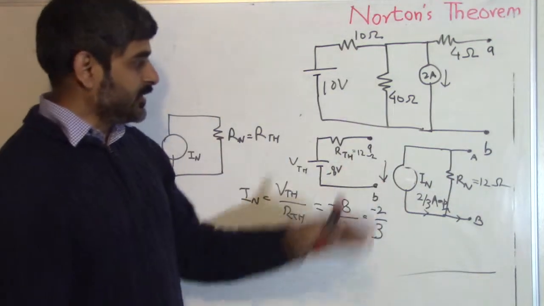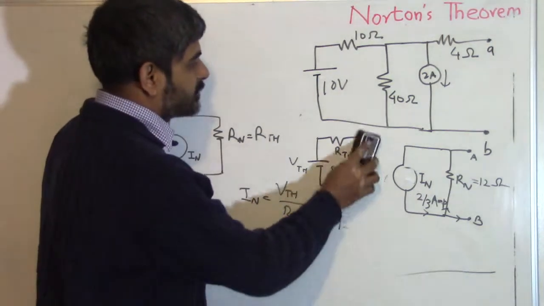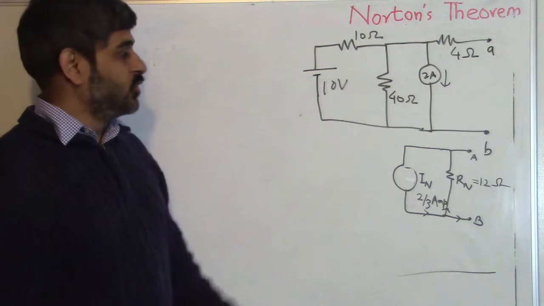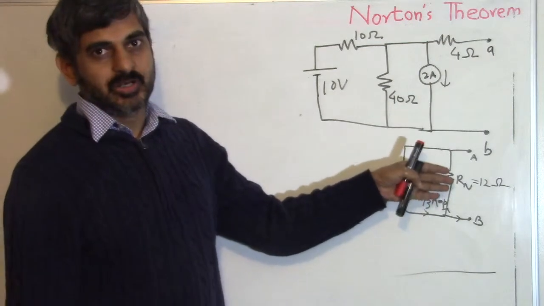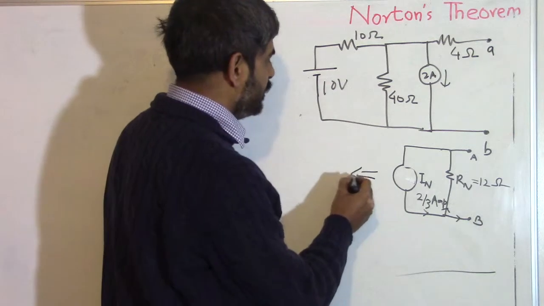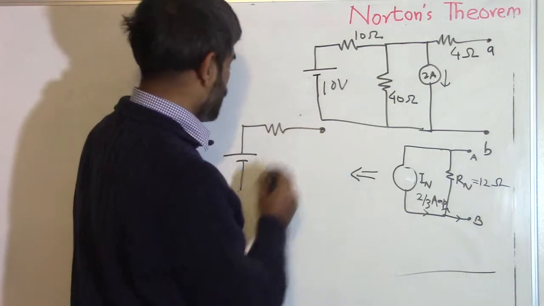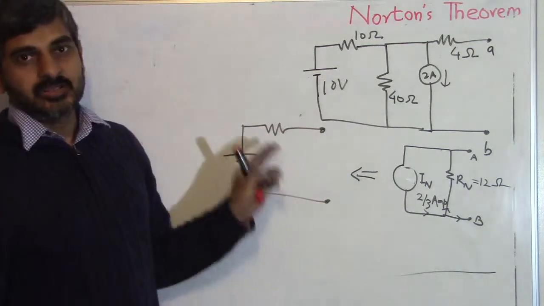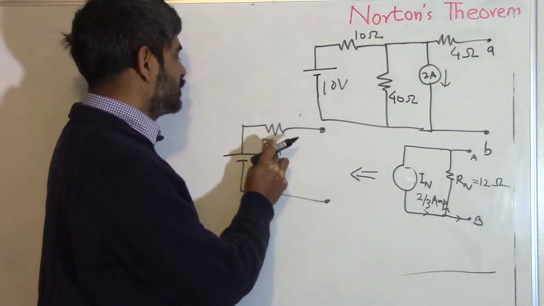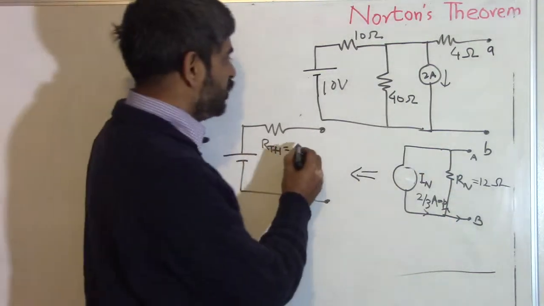In the same way, let us say we did not know the Thevenin circuit, and we have already calculated using the Norton circuit, and someone asked me to replace this current source circuit with a voltage source circuit. We can do it very simply. All we have to do is replace this circuit with this circuit. This resistor, if we call it RTH, has the same resistance value as Rn, equal to 12 ohm.